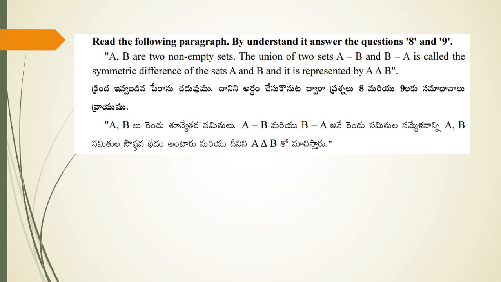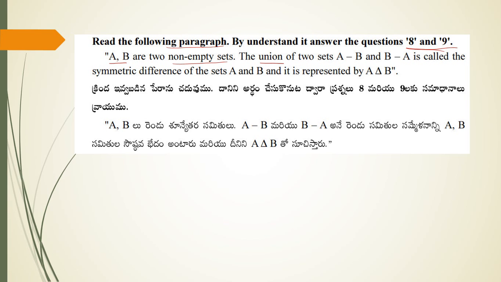Next, moving on to question number 8. For questions 8 and 9, read the following paragraph. This is a comprehensive passage type question, right? You need to read the paragraph and based on that you need to answer. A, B are two non-empty sets.